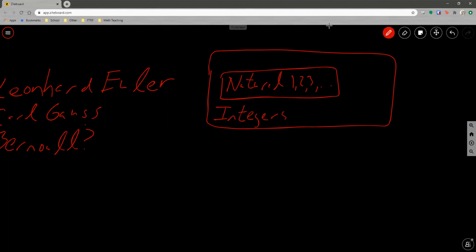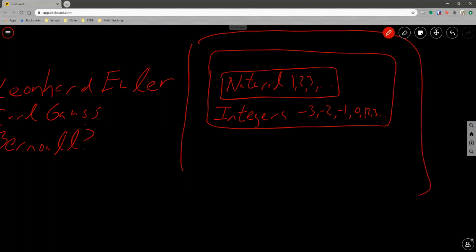So again, it's just the positive and negative counting numbers, and then 0 as well. Those are the first systems that we really learn, and then we move on to a bigger system that includes all of our fractions, and decimals that terminate or repeat. We call those rational numbers.